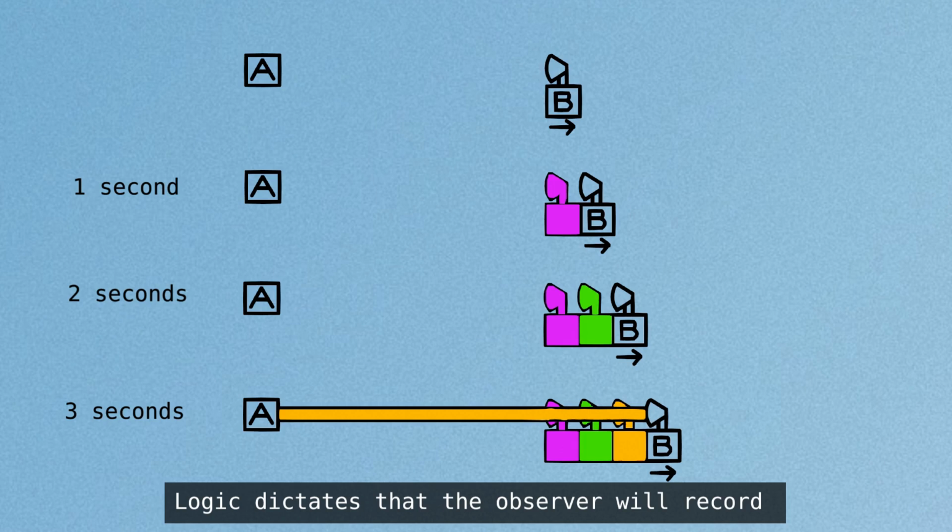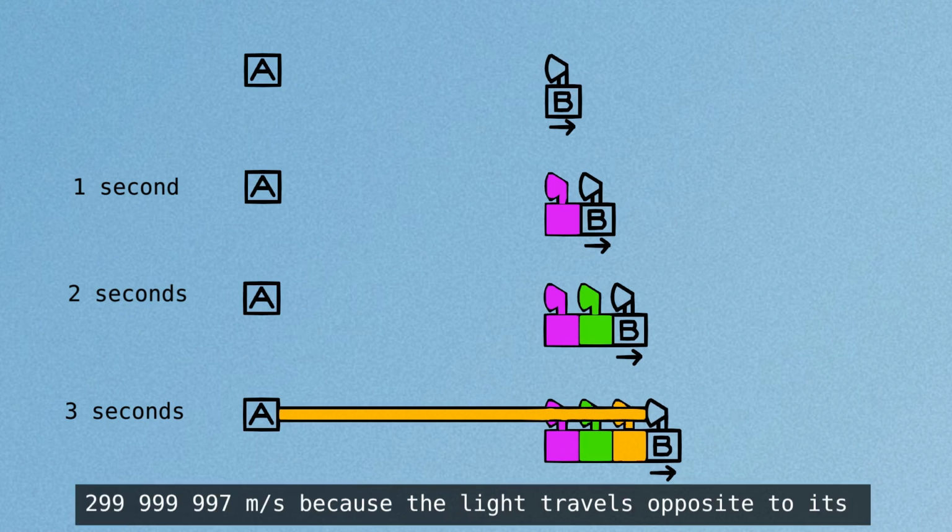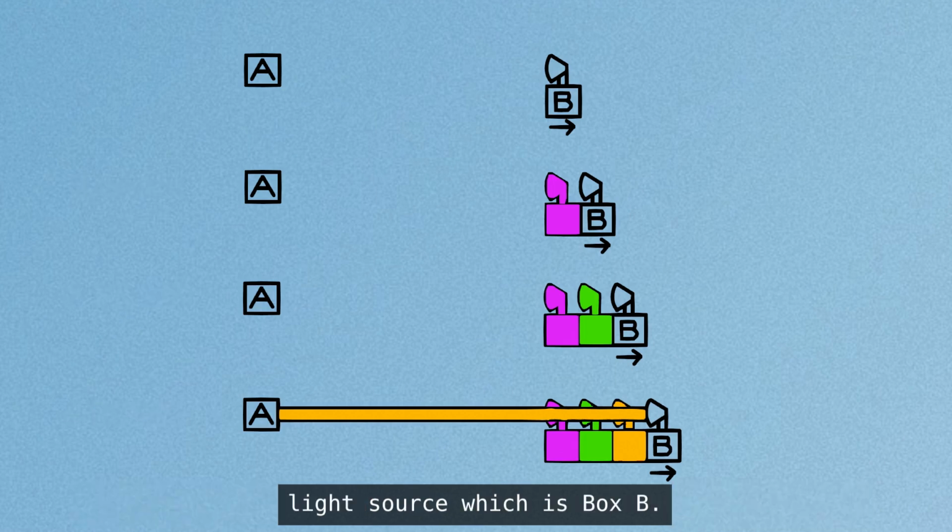Logic dictates that the observer will record 299,999,997 meters per second because the light travels opposite to its light source, which is box B.